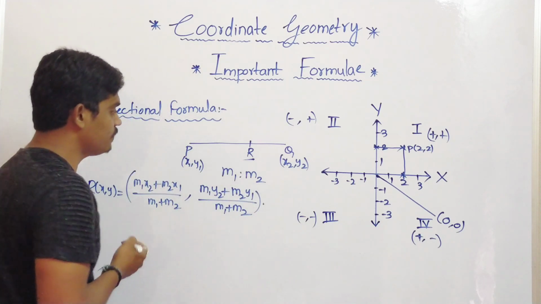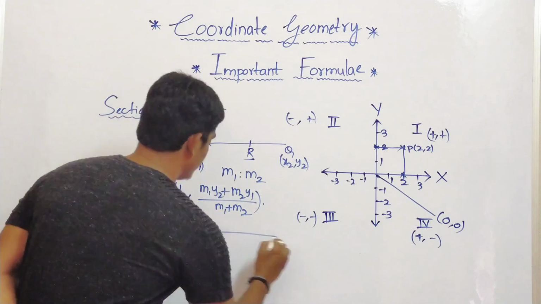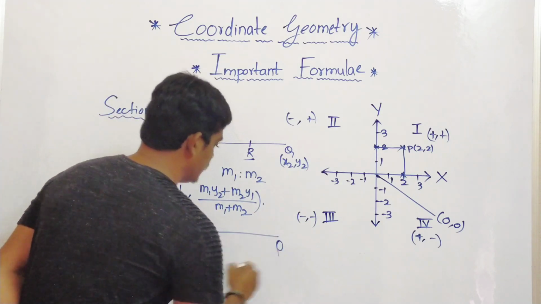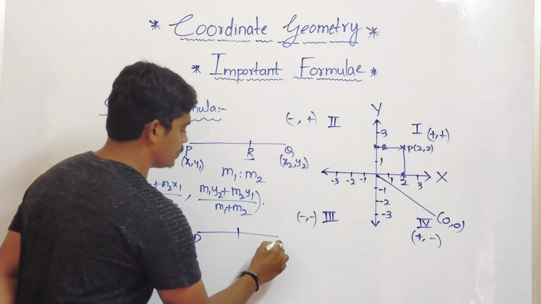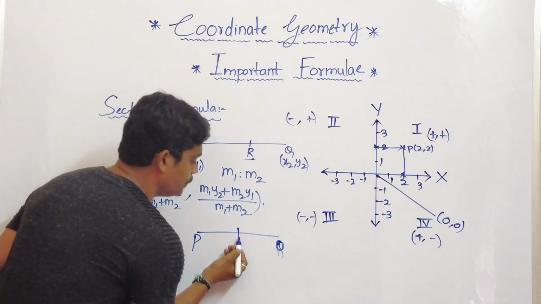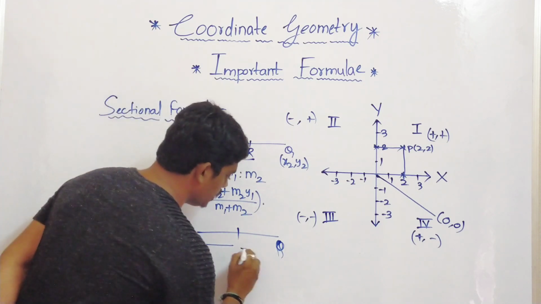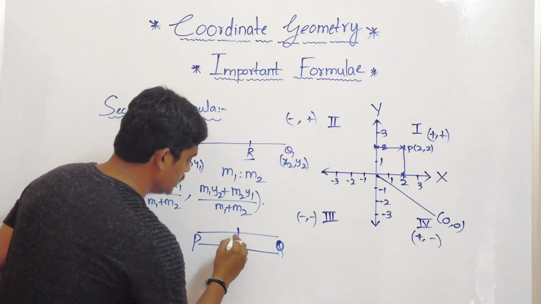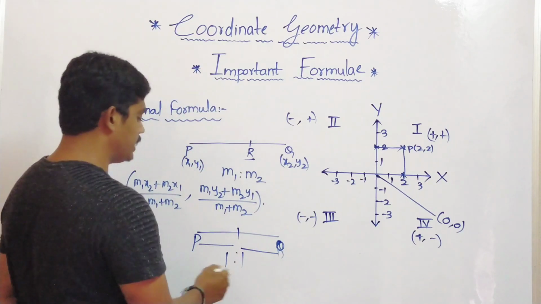So here why have I spoken about 1:1? See friends, before, there is a line PQ and we found out the midpoint of this one. So what is the midpoint? Midpoint means this is equidistant from this one and also equidistant from this one, which means it is dividing them in the equal ratio, which we can consider as 1:1.